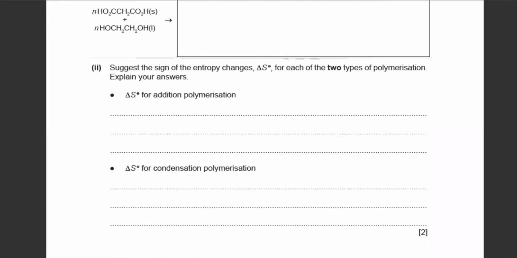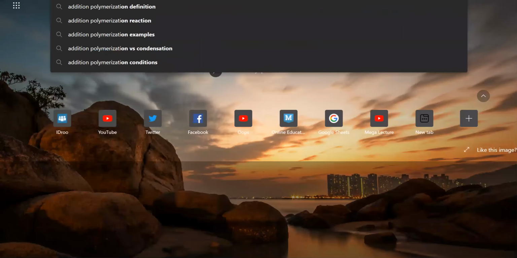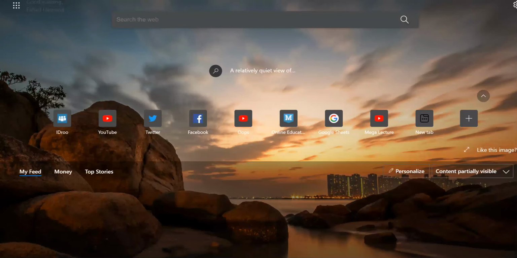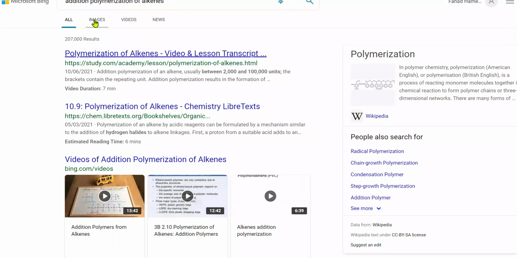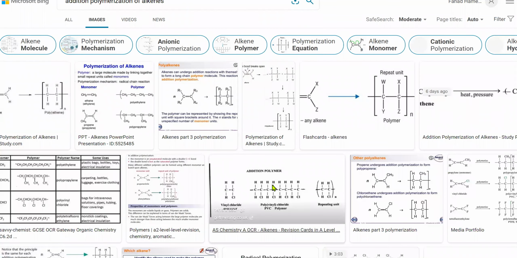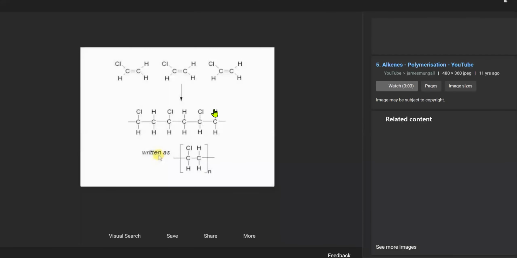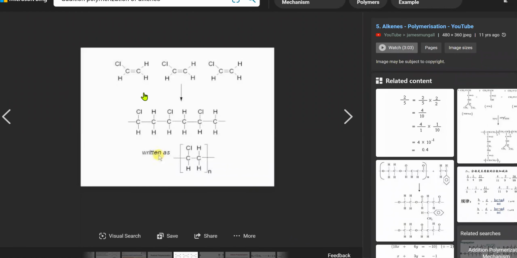So I'm just going to Google addition polymerization of alkenes. This one shows something. So this is addition polymerization of alkenes happening. You studied this in O levels and AS as well, probably. You've got a bunch of alkenes, thousands of them, and they all join up to form this one long chain.